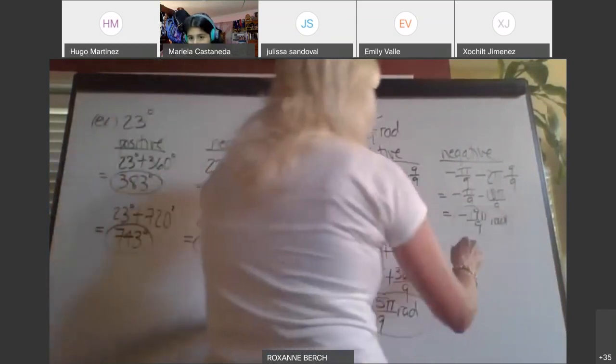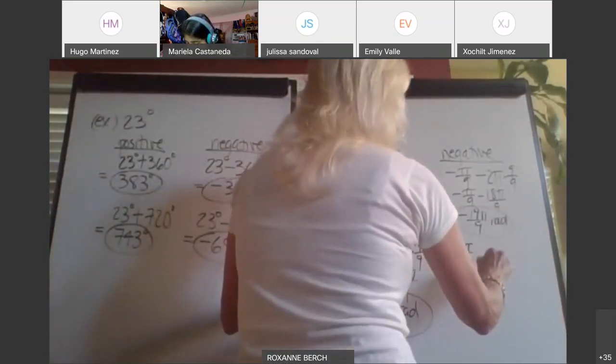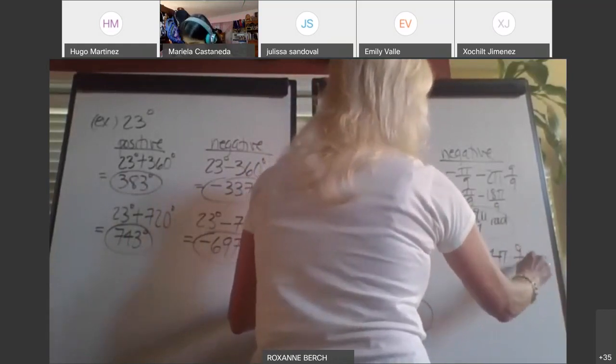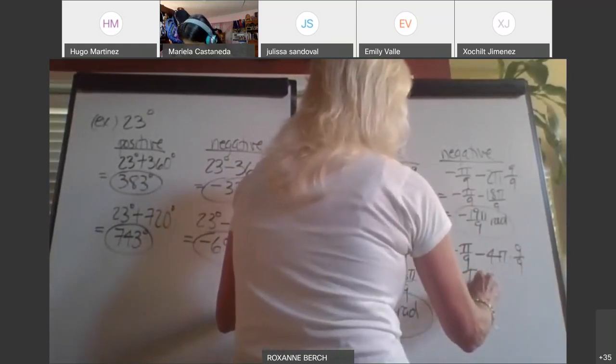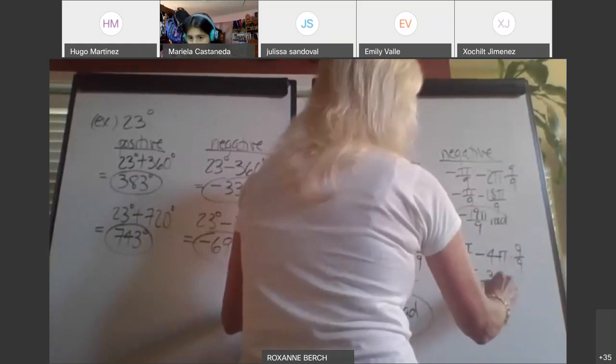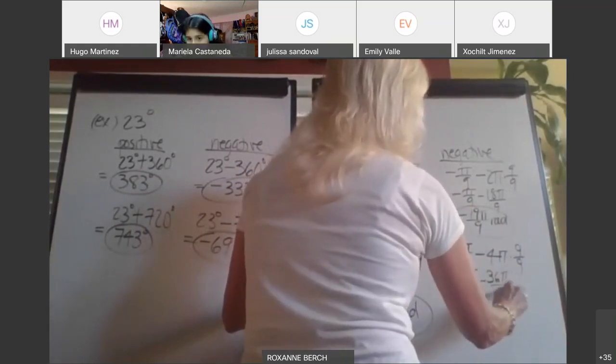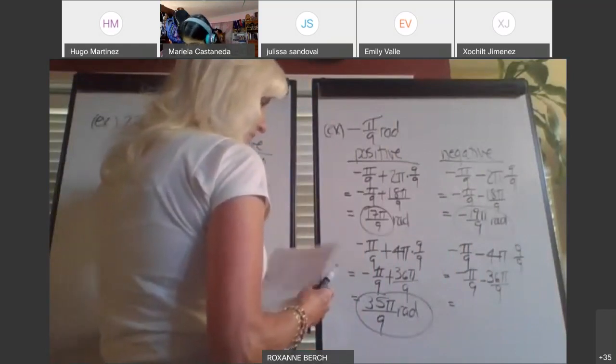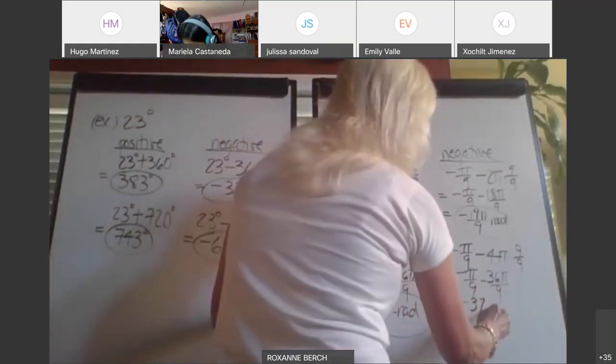And finally, negative pi over 9, double it, negative 4 pi, get a common denominator, negative pi over 9 minus 36 pi over 9. A negative and a negative is a negative, and you add, which would be negative 37 pi over 9.